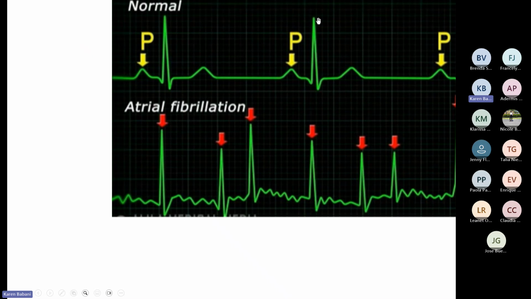Who remembers? I just said it. If you get 0.12 and you divide by 0.04, which is the value of each of those little squares, 3. 3 squares. So if we look from here to here, let's count, 1, 2, 3. Yeah, it's about 3 squares. So that means that this is a normal QRS. It's not widened, it's not shorter.